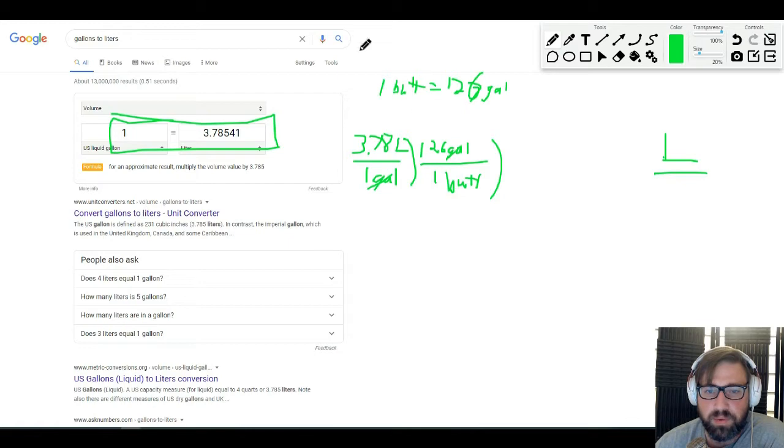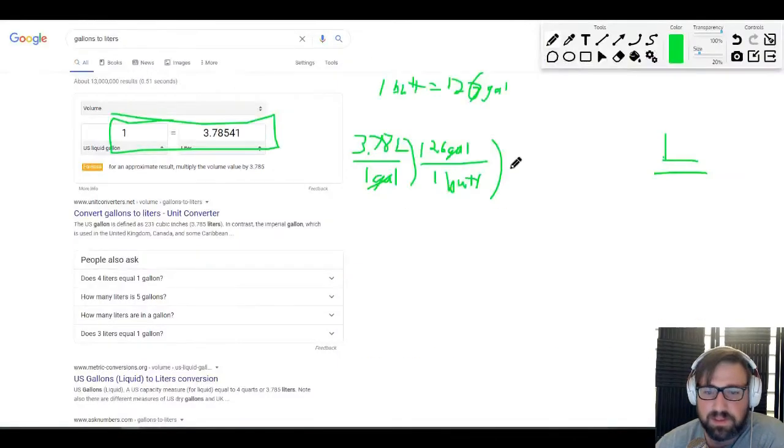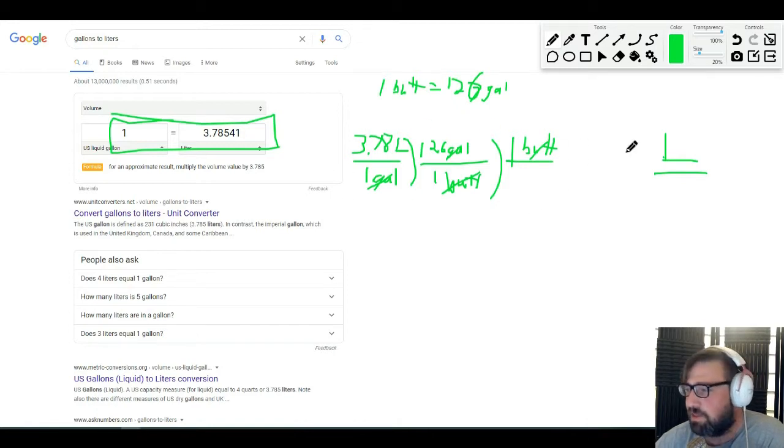And we know from the problem that Clarence is going to be drowned in 1 butt. The butts cancel. And now we have the thing set up. So at that point, we can just plug and chug.